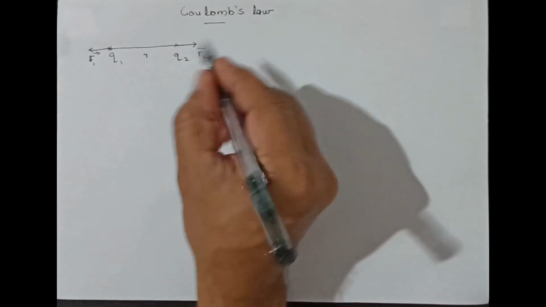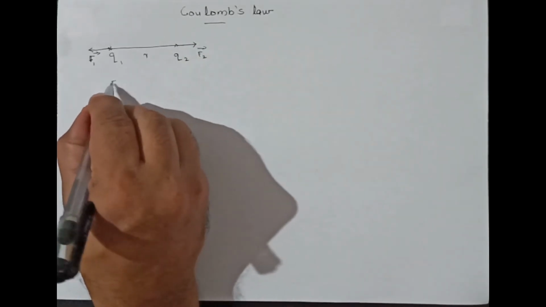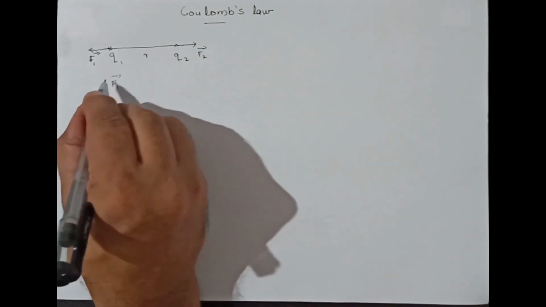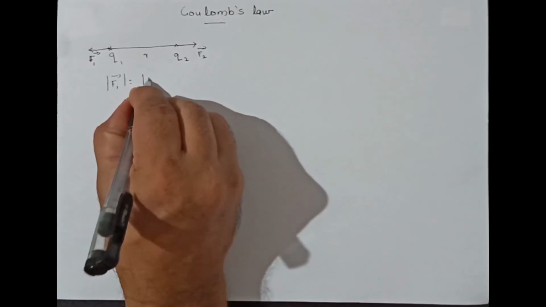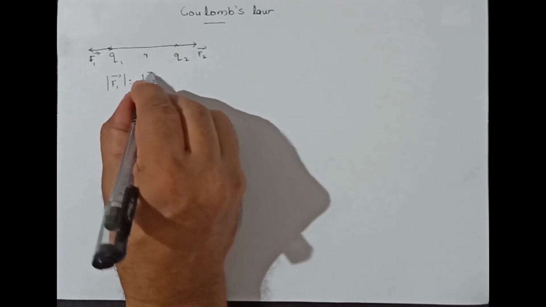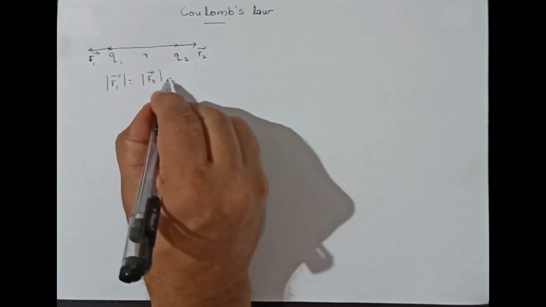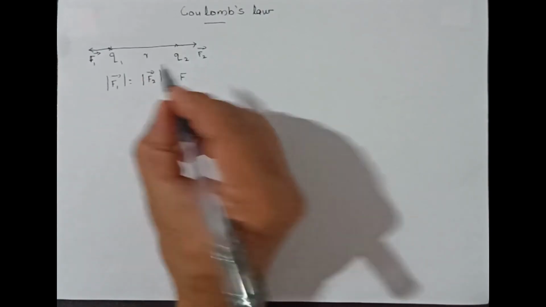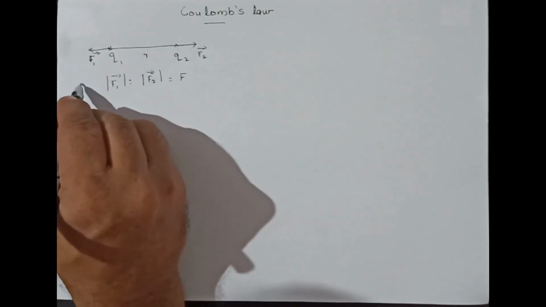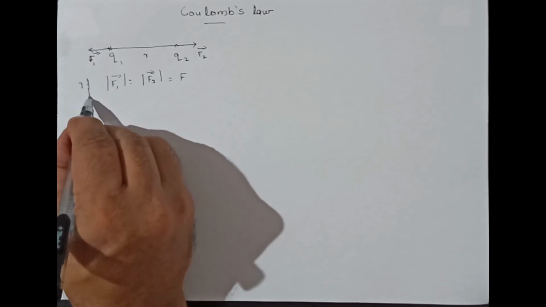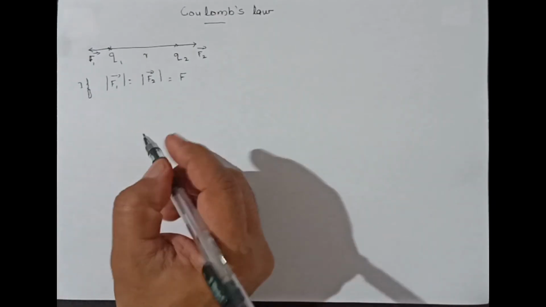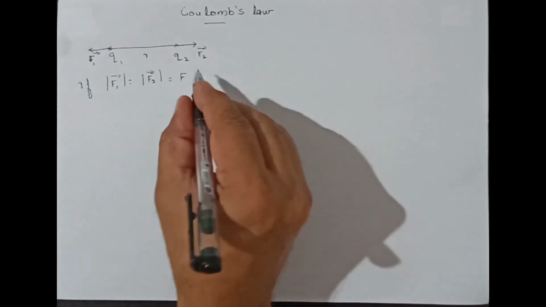By Newton's third law, we can say that the magnitude of F1 is equal to the magnitude of F2. Let it be F. Of course, F1 and F2 will be in opposite directions.